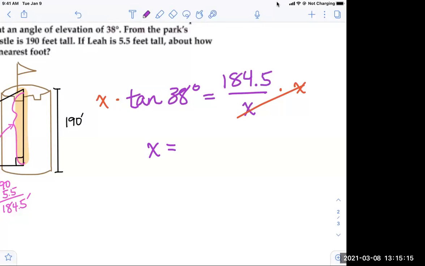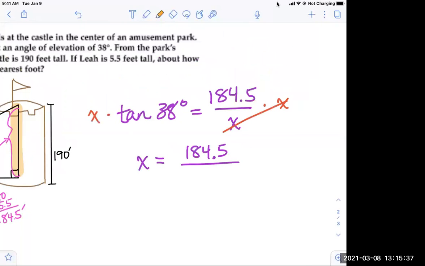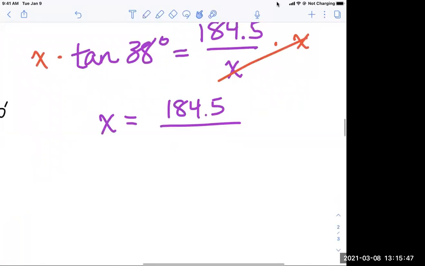I want to get X alone. Would it be 184.5 divided by tan 38, or vice versa? I forget which one exactly it is. Divided by tangent 38, because you have this equation right here. Trying to solve for X, right? So you would divide by tangent 38 on both sides to get X alone. So 184.5 divided by tangent 38.